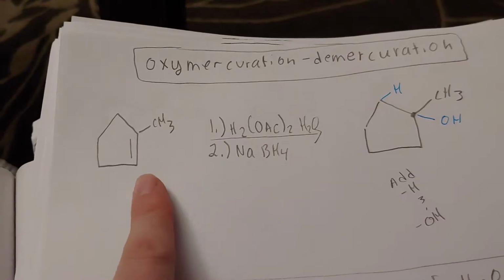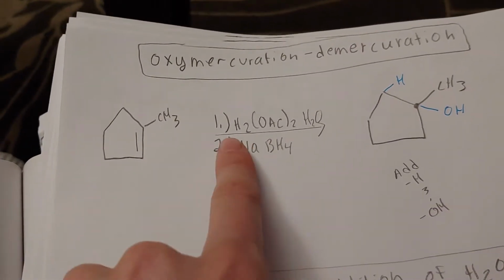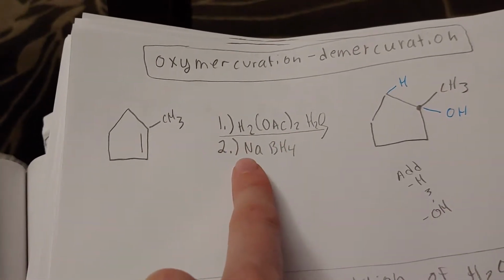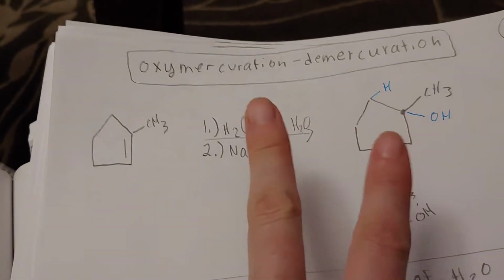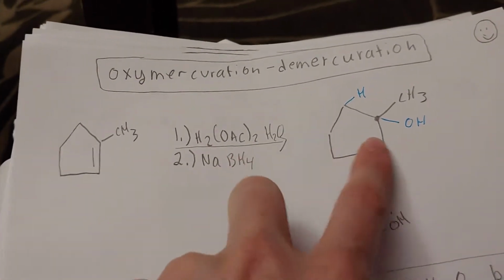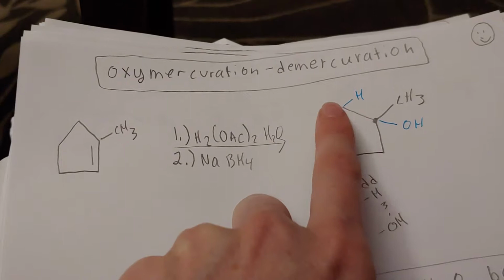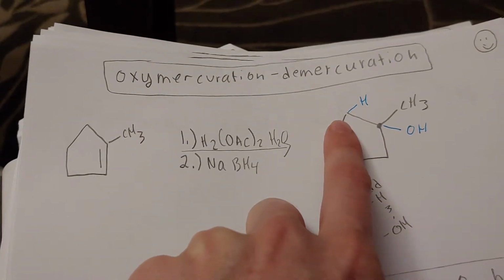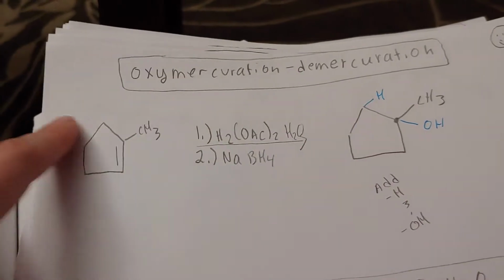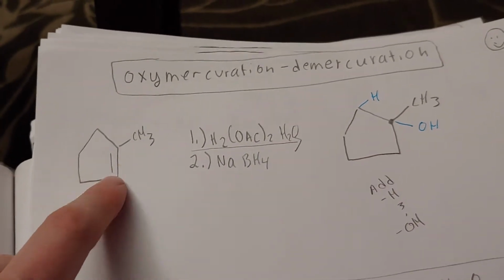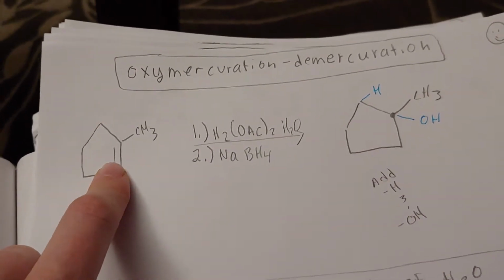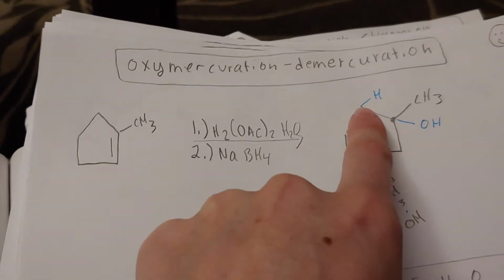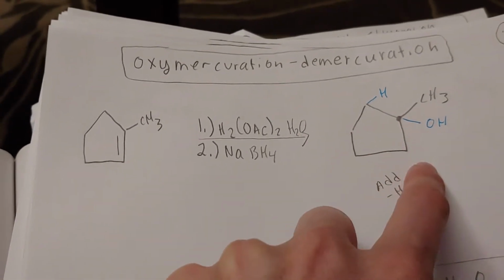Oxymercuration, demercuration. Okay, this is what we're adding. Here, remember, we're always adding two things. So we're adding an OH and an H. Actually, you could tell that this is drawn incorrectly because that H should be down here where that double bond is. It should be down here.